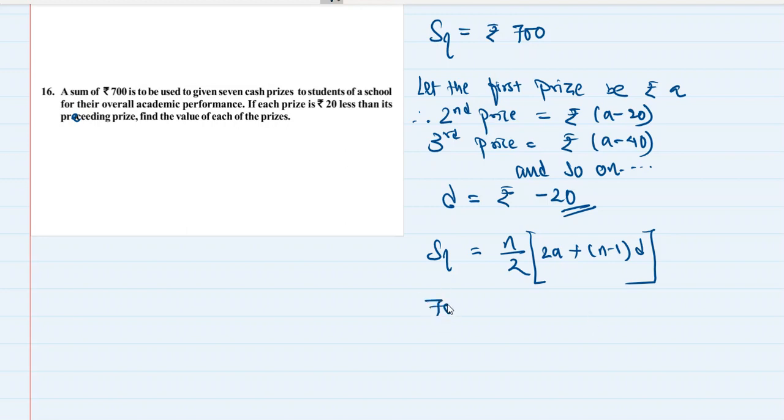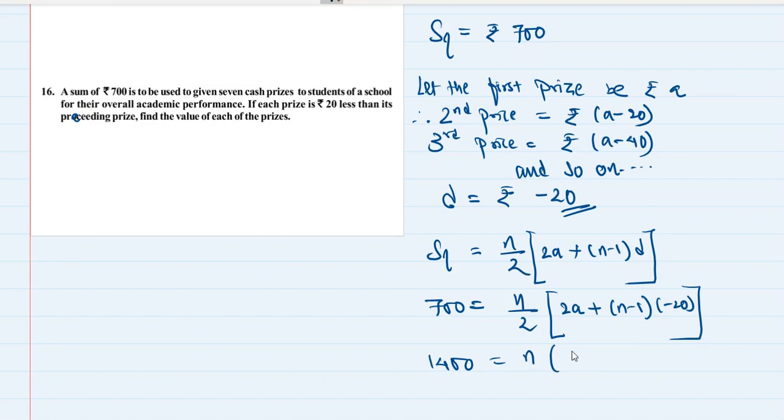So 700 is equal to n by 2 bracket 2a plus n minus 1 into minus 20. So this will become 1400 is equal to n bracket 2a minus 20n plus 20.